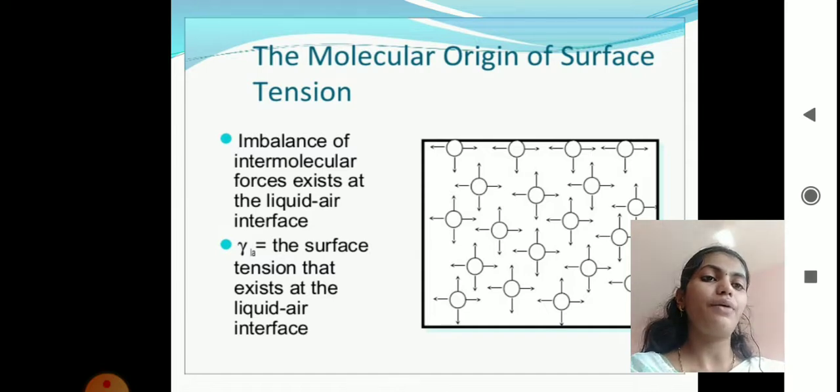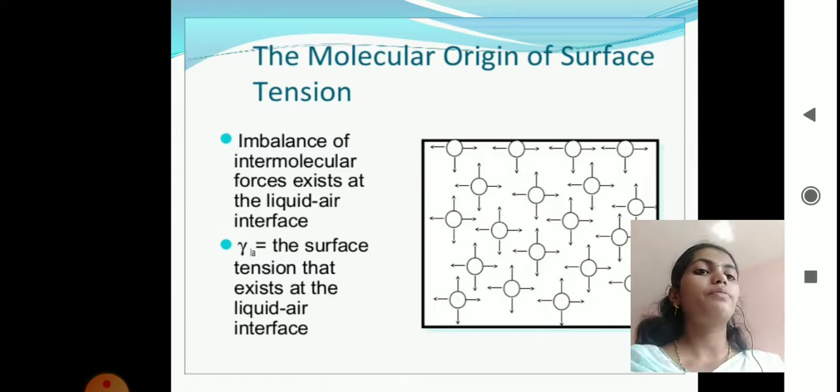In this diagram, the molecules below have four directions and the upward molecules have only three directions. It means that one direction is combined with the surface area.